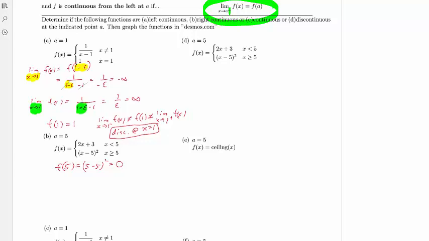So now we're going to look at the left-hand side, the limit as x approaches 5 from the left of f of x, and again that's simply f of 5 minus epsilon. And so it means we're going to use this guy: 2 times 5 plus 3.